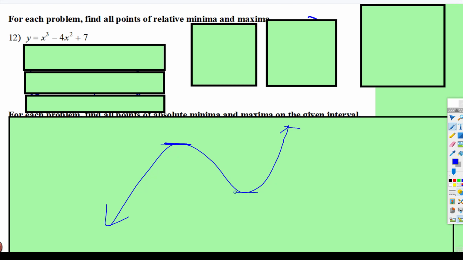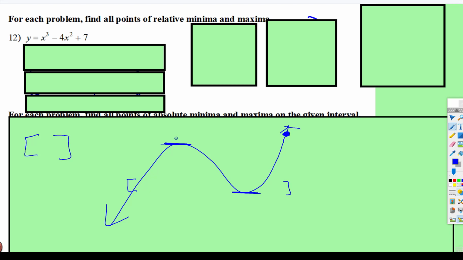relative mins and relative maxes are these things. Absolute mins and maxes on a certain domain. Well, maybe the domain is from here to here. Well, this would be the maximum point. That would be the absolute max.